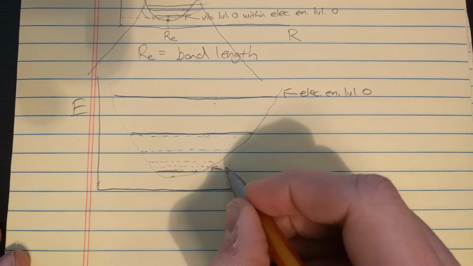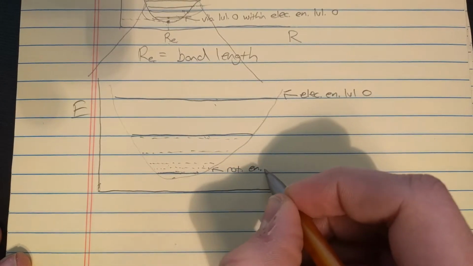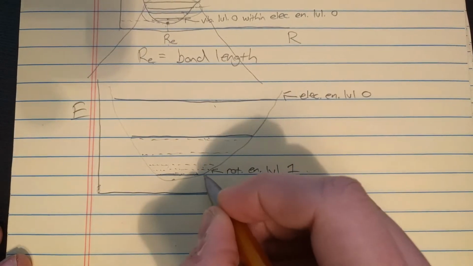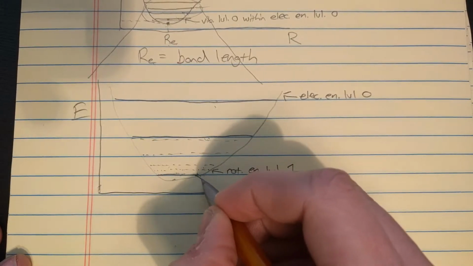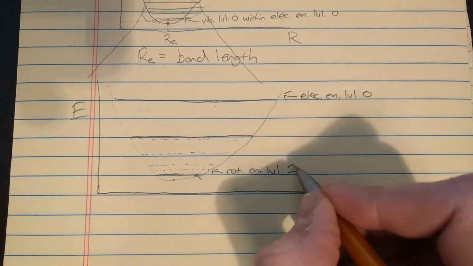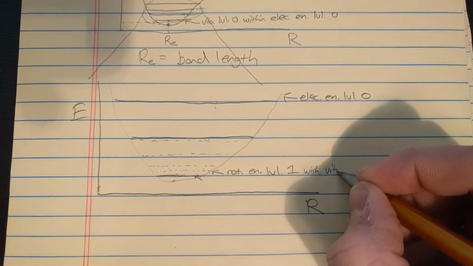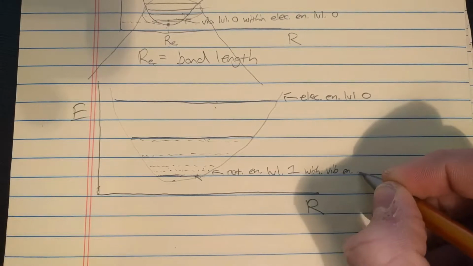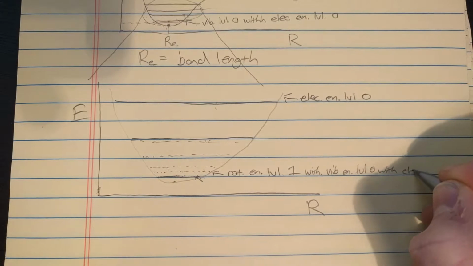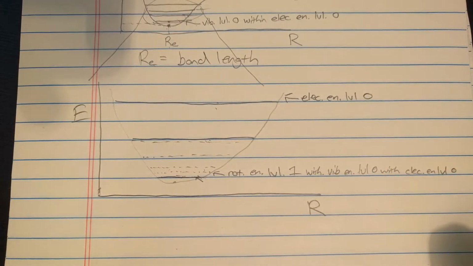So this would be called rotational energy level 1. Right? 0 would be down here. So this is rotational energy level 1 within vibrational energy level 0 within electronic energy level 0. Okay?